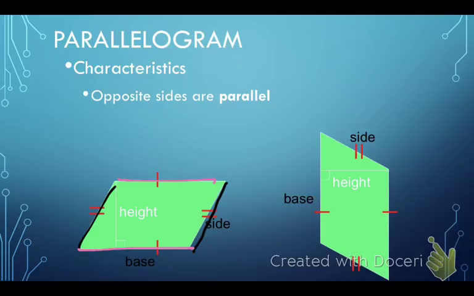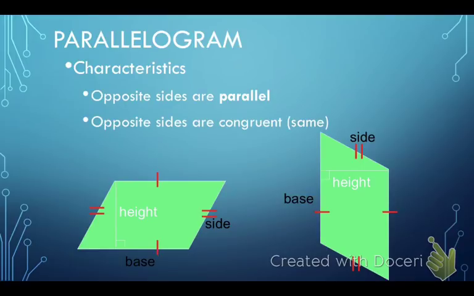What parallel means is that if they went off forever and ever, they would never cross because they are the same slant, moving in the exact same direction.